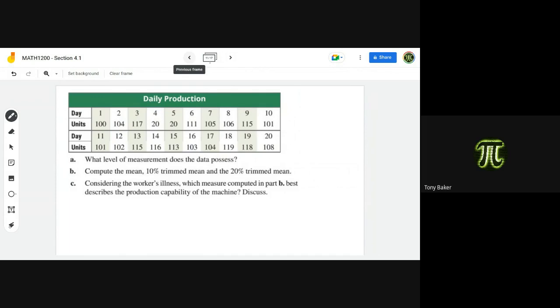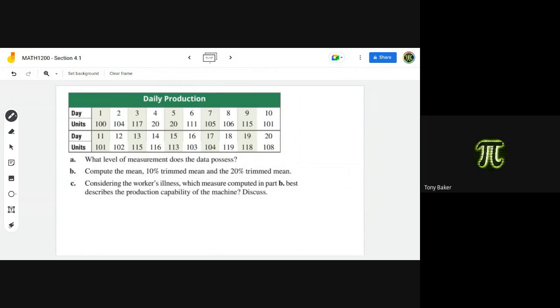Yeah, let's do this one. All right. So what level of measure does this data possess? So what type of data is this? The units, not the days. Is it quantitative or qualitative?